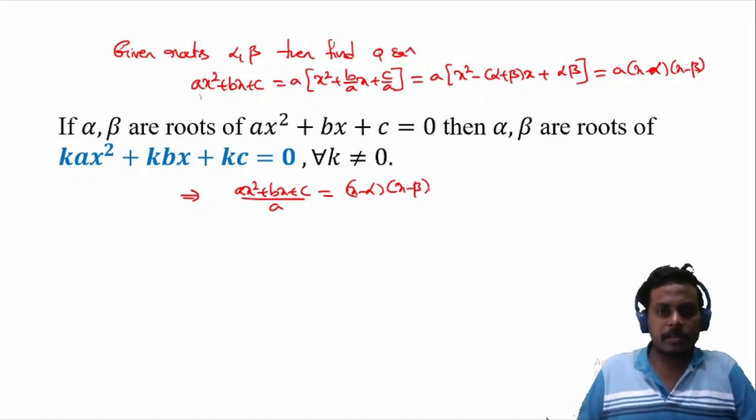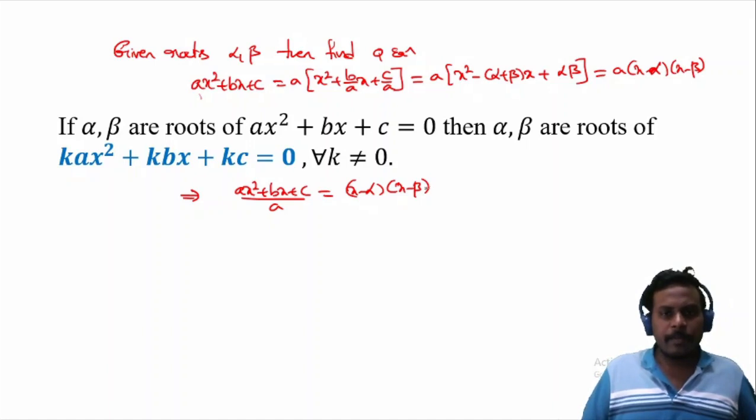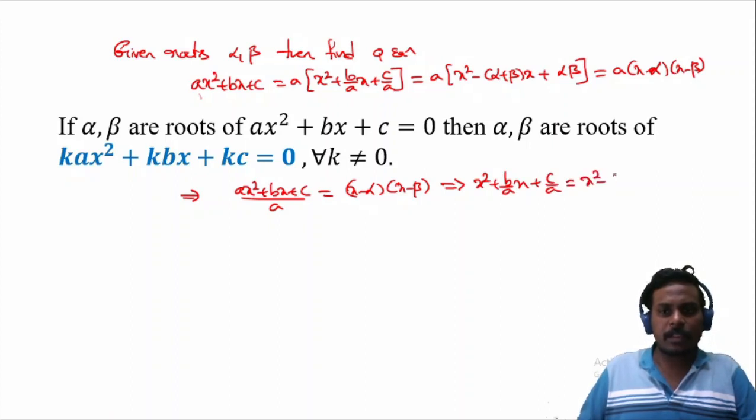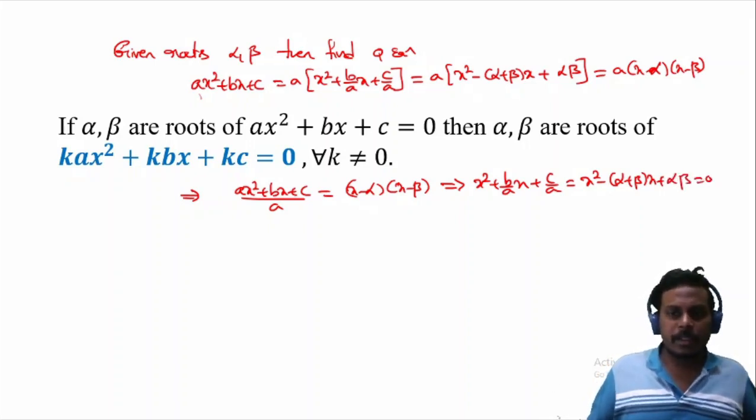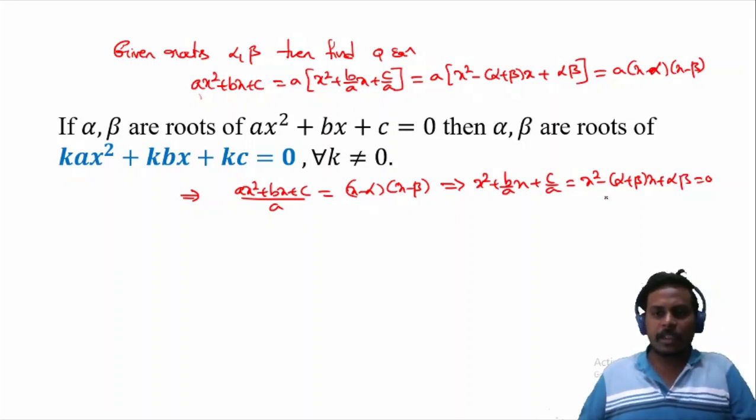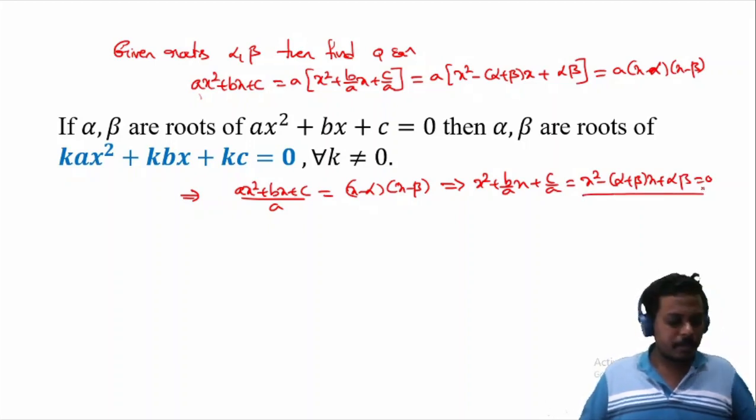Okay, so this is nothing but x square plus b by a into x plus c by a is equal to x square minus alpha plus beta into x plus alpha beta is equal to 0. Okay, that means now the quadratic equation is going to be this one.